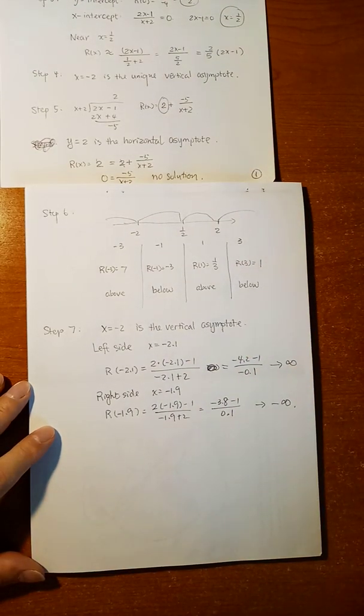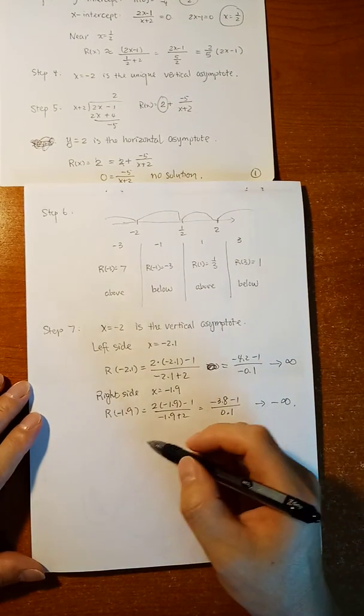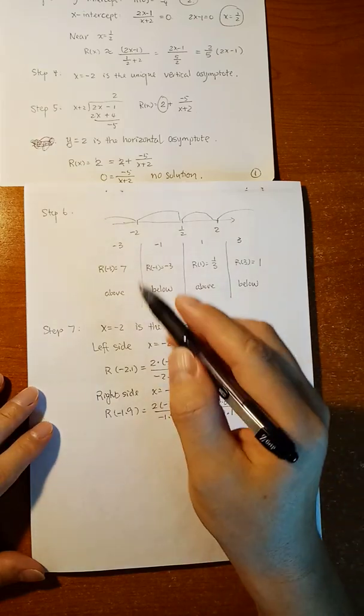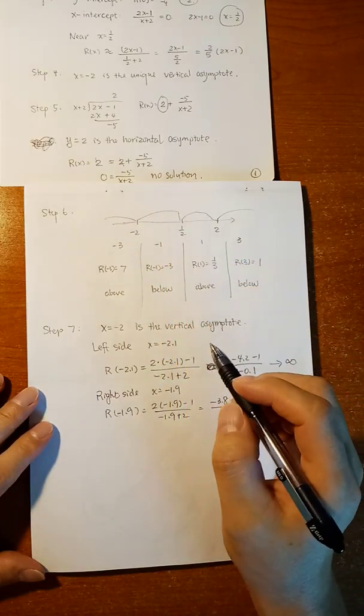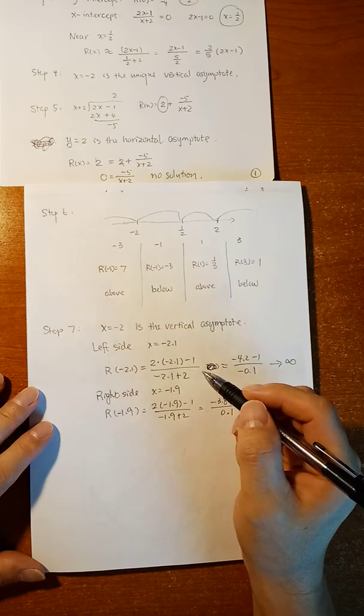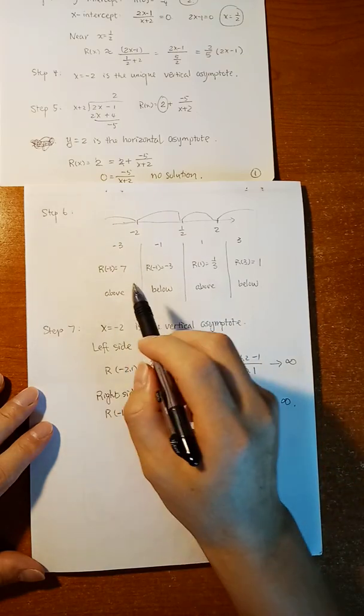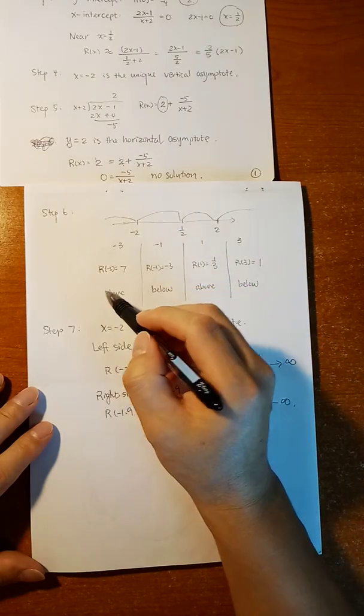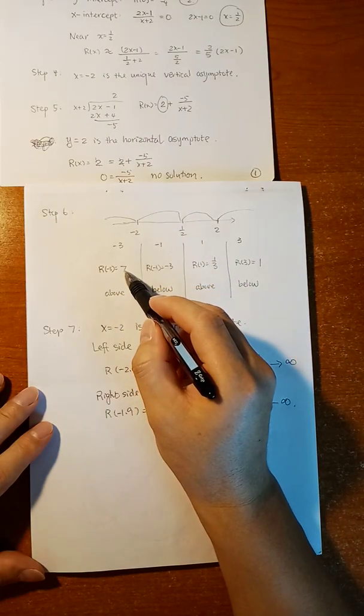Okay, now let's check. How do we sketch it? Well, there's a horizontal asymptote, but the horizontal asymptote is a little bit strange. Let's see. Well, not strange. Let's check it.